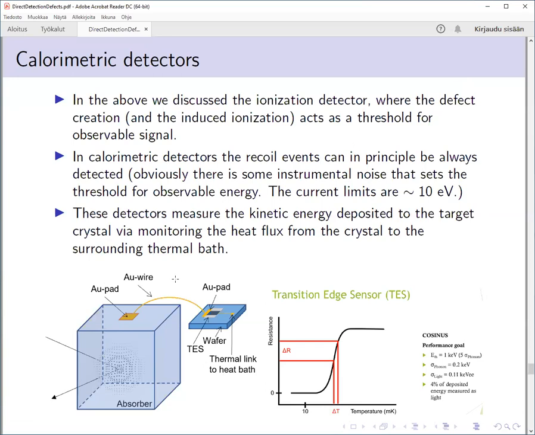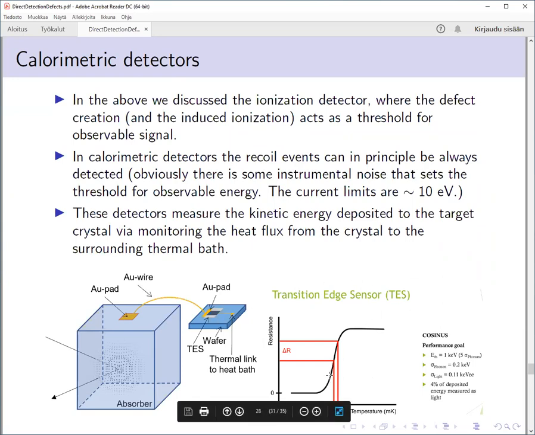the thermal link. The crystal is cooled to a millikelvin range temperature, and the thermal link from the crystal to the cryostat, to the heat bath keeping it at this cold temperature, goes via, let's say, a gold wire, and then in between you put a very precise thermometer, this transition edge sensor.